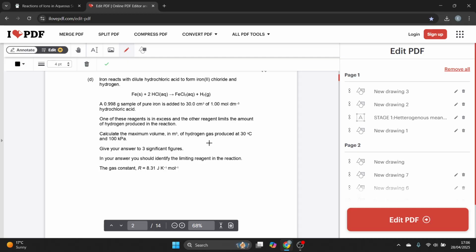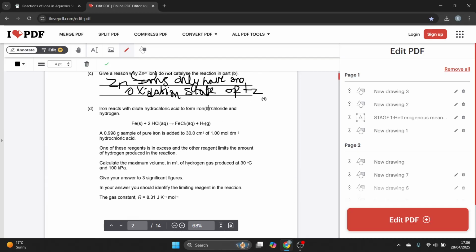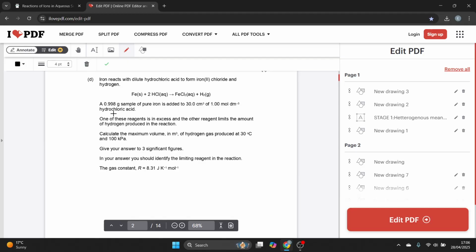Calculate the maximum volume in meters cubed of hydrogen gas produced at 30 degrees Celsius and 100 kilopascals. Give your answer to three significant figures. Identify the limiting reagent, equation, reaction, and gas constant. How many marks is this? 6 marks. Okay.